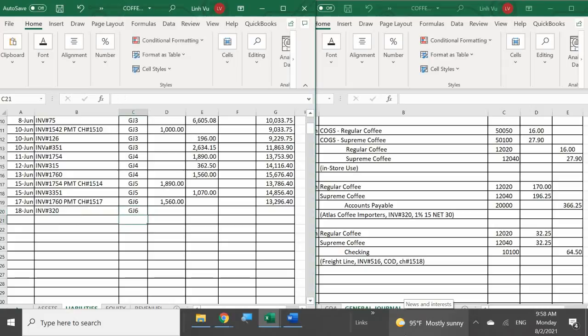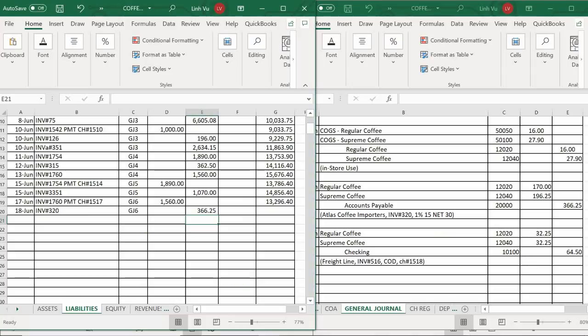Journal number 6. Now, since we're increasing our liability, how much do we owe? That would be the 366.25. Okay. So what's my grand total that I owe? I got 366,265.